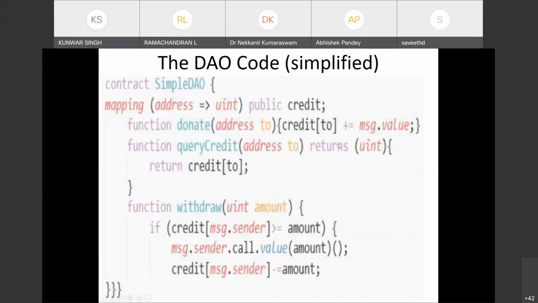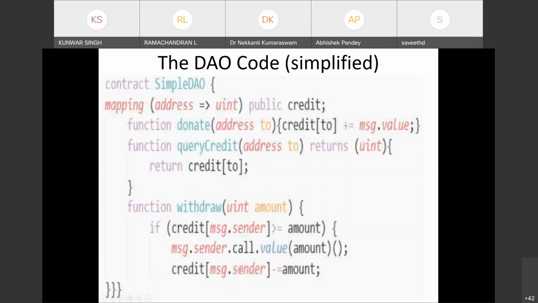Clear? This is the donation. And I want to know how much money is there in my address. That I can know by clicking query credit. It will give you the credit of this address. So I have donated the money.